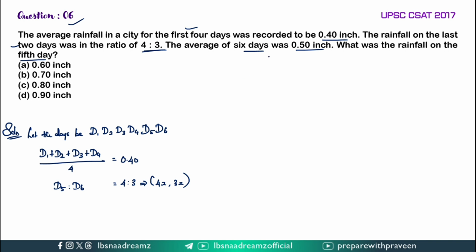The average of the 6 days was 0.50 inch. So D1 plus D2 plus D3 plus D4 plus D5 plus D6 divided by 6 is equal to 0.50. We have to find the rainfall on the 5th day.